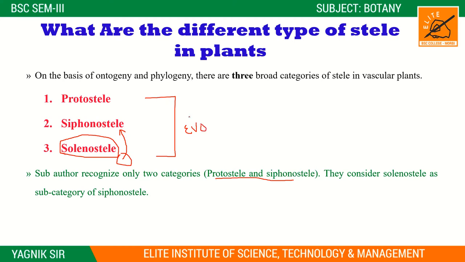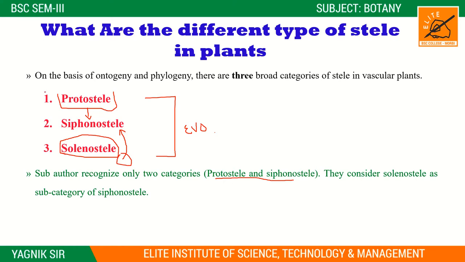Because protostele is a primitive type of stele, and this type is seen in the first higher plants. Then siphonosteles are observed in higher plants after some years.